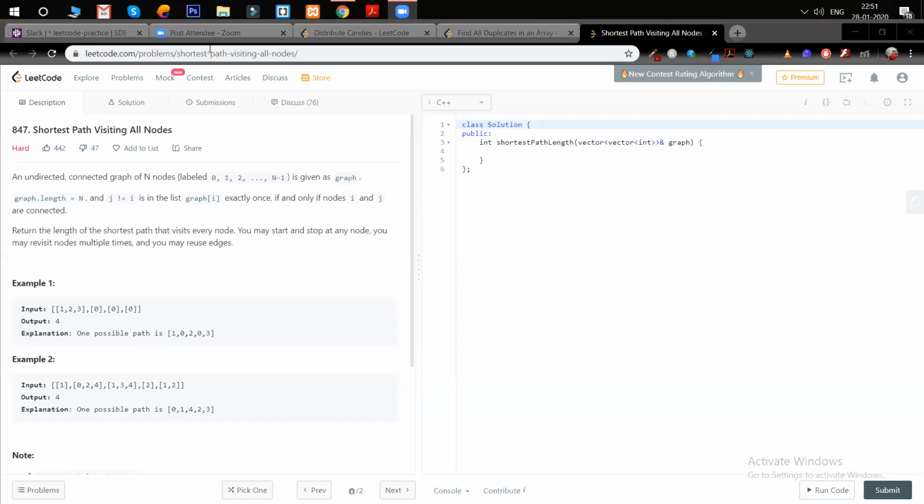But the problem is that we need the minimum shortest path. The shortest path is like breadth-first search, but after doing the breadth-first search, we are not sure that it would go for the minimum paths.